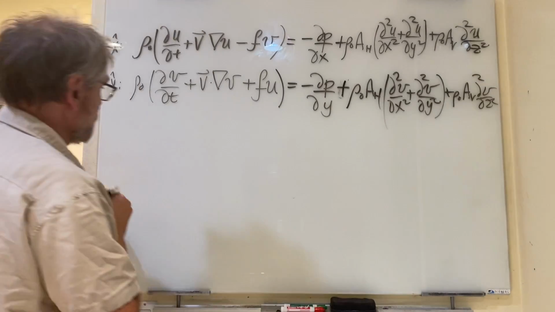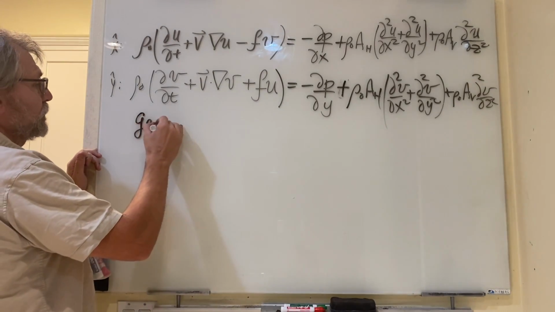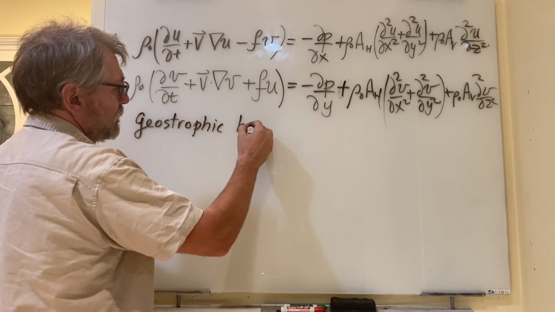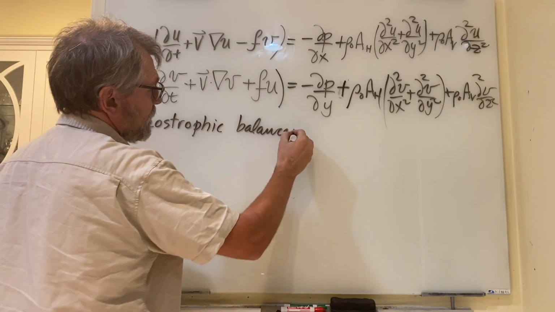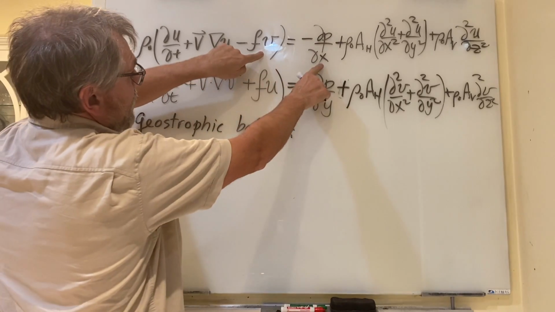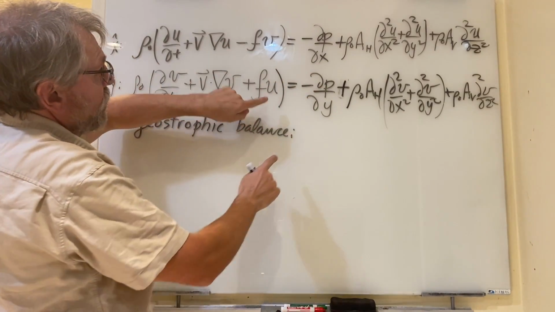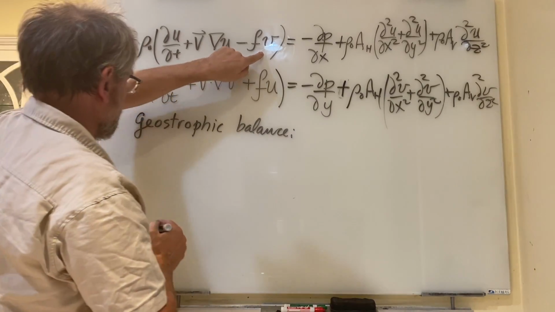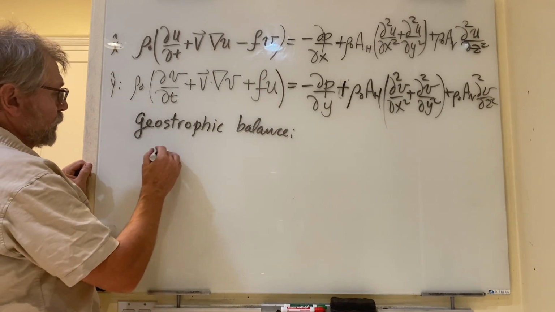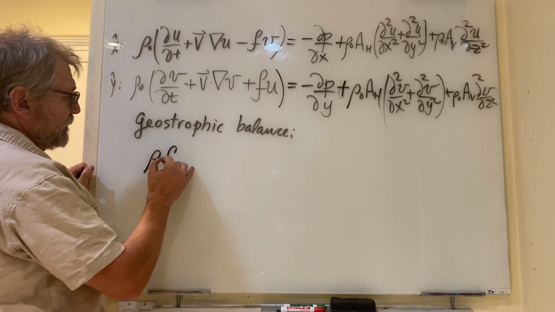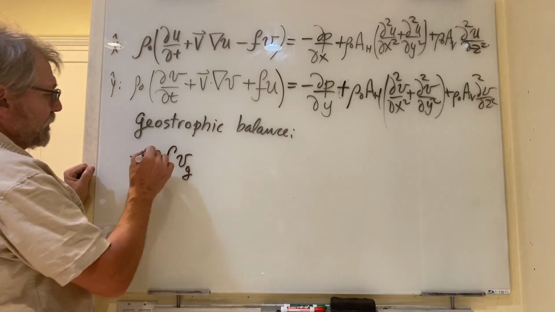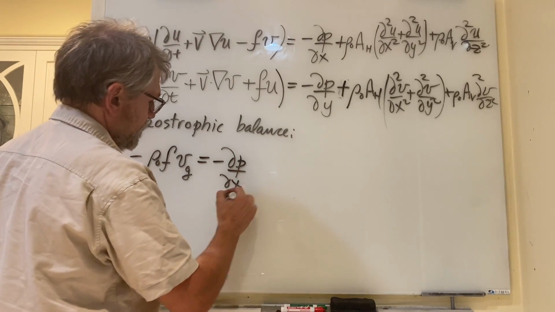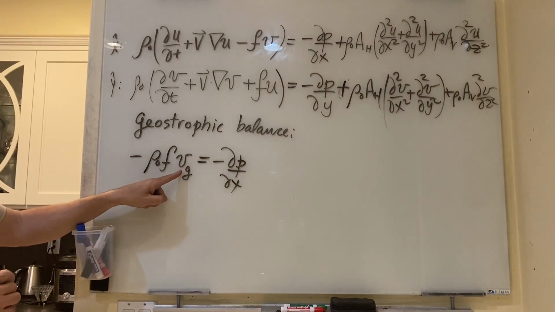The geostrophic balance is the balance of this with this and this with that, where the Coriolis force is due to the geostrophic velocities. So we're going to write minus rho naught f v geostrophic is equal to minus dp/dx. So that kind of defines the geostrophic velocity.